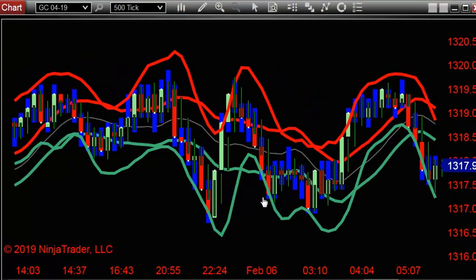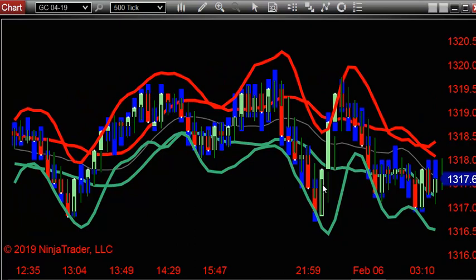Let's go into that. What do I see? And it's designed this way. How can I put it? It's designed that price will always, even if it goes out like that, go back in.